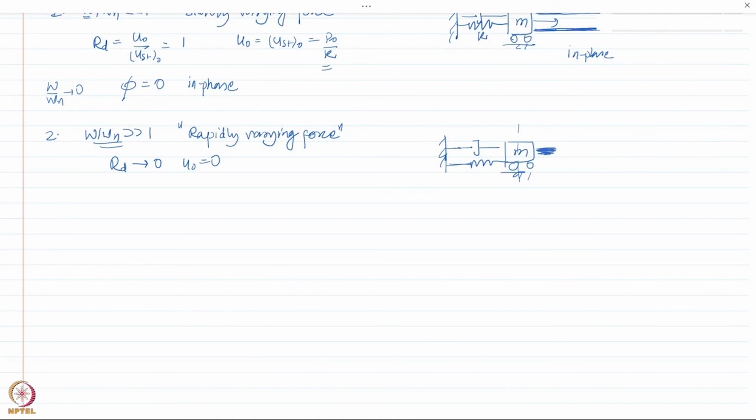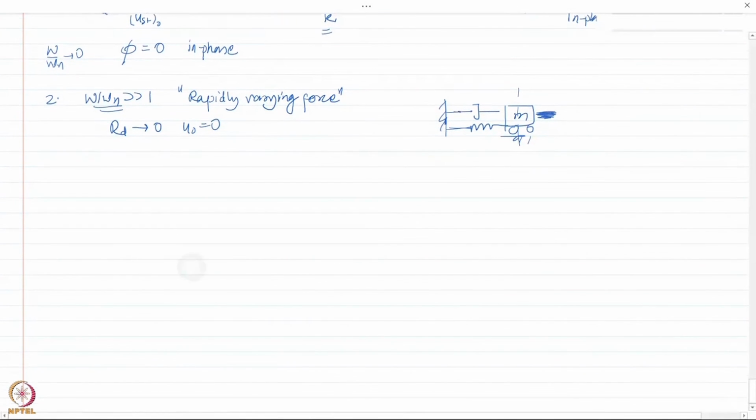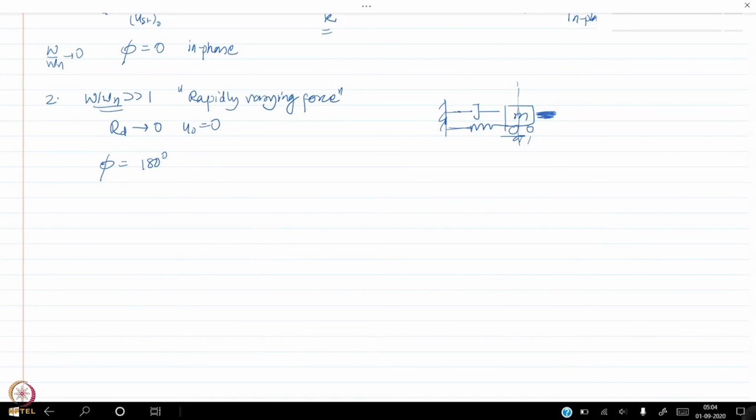So in that case, your dynamic displacement is almost 0. Let us see what happens to the phase of the system. For a very high value of omega by omega n, the phase becomes 180 degrees. Whatever force you apply, the mass, whatever small displacement it undergoes, as we said Rd goes to 0, would effectively be opposite to that applied force.